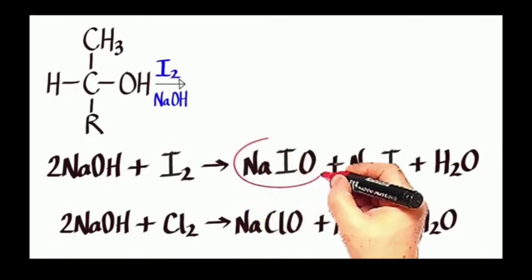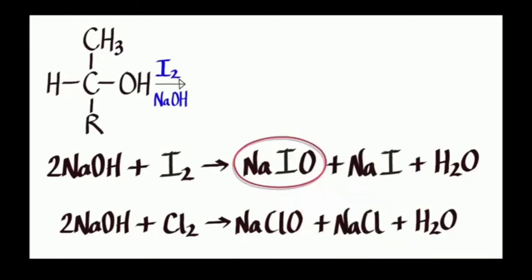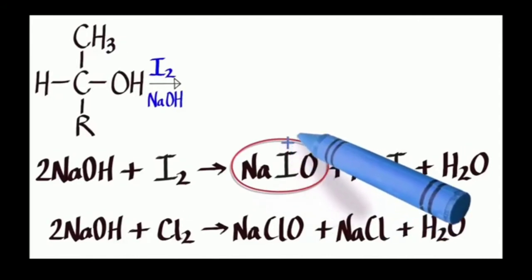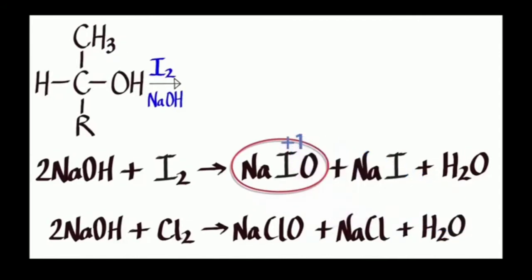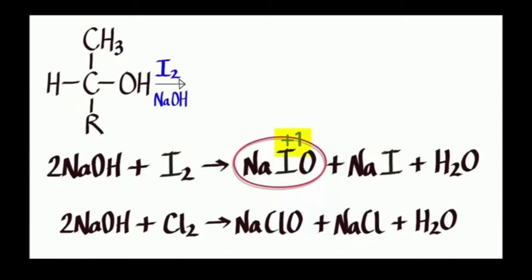Well, this is the reaction just above it here that is relevant in this instance. But you can see it's similar. Instead of chlorine, we have the halogen iodine. The chemical reaction then is very similar, and here we get sodium iodate(I). That's to say the oxidation number or state of the iodine is +1.